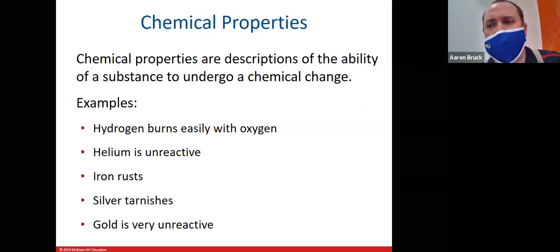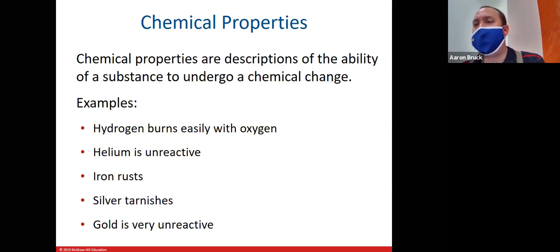So now that we've established what a chemical change is, let's talk about chemical properties, because chemical properties are directly related to chemical changes. Chemical properties are descriptions of what kinds of things happen when a chemical change occurs.